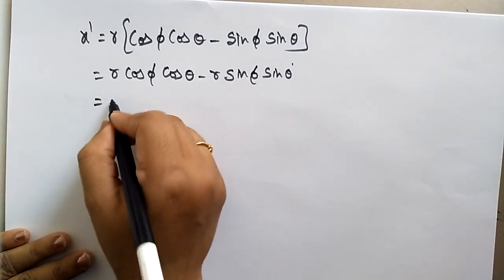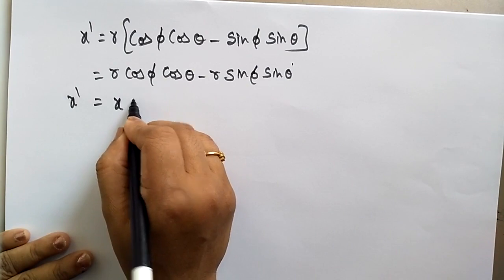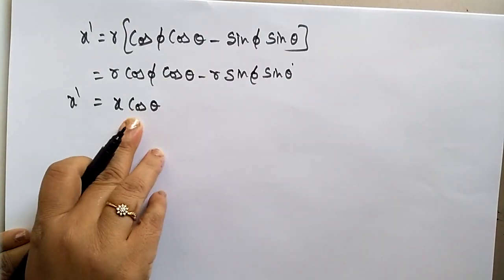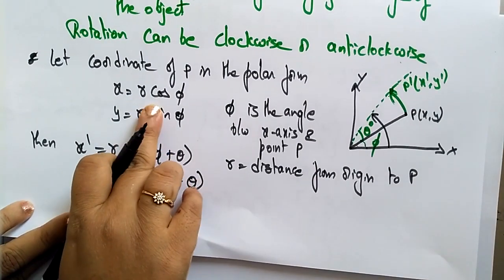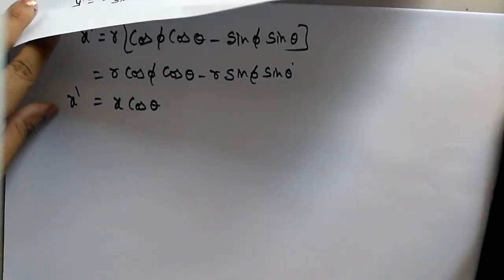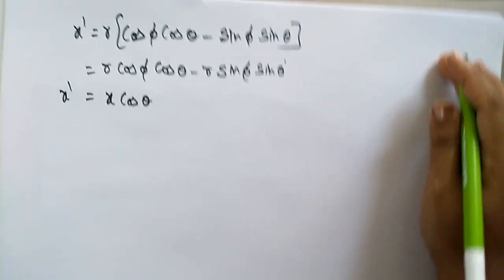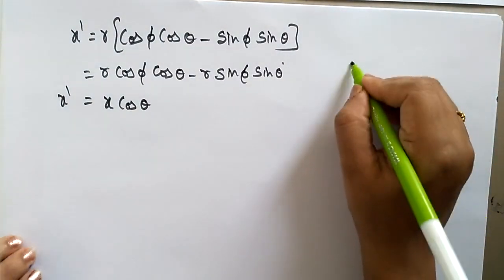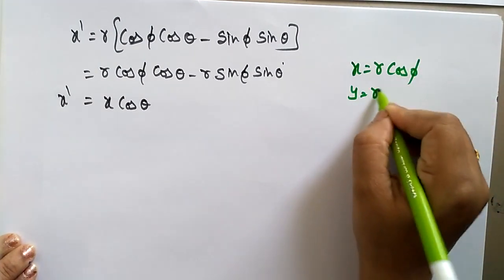This is nothing but x dash is equal to x cos theta. Why am I taking x cos theta? Because x is equal to r cos phi, and y is equal to r sin phi.